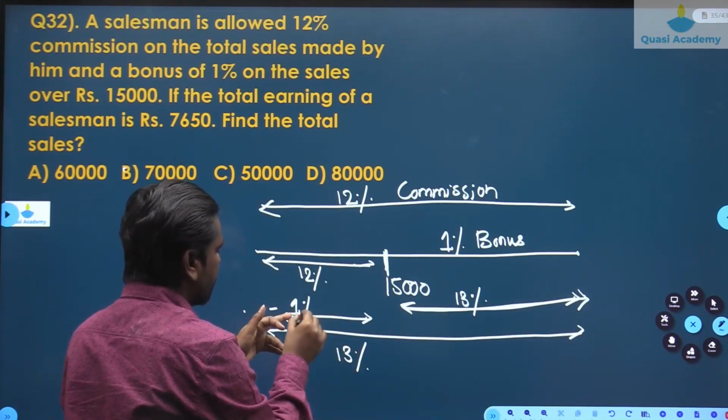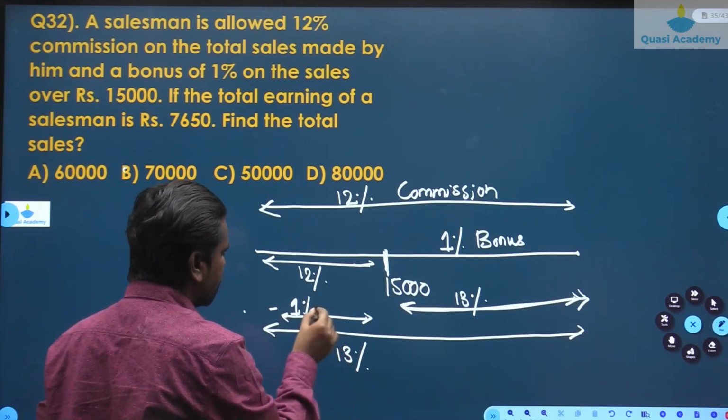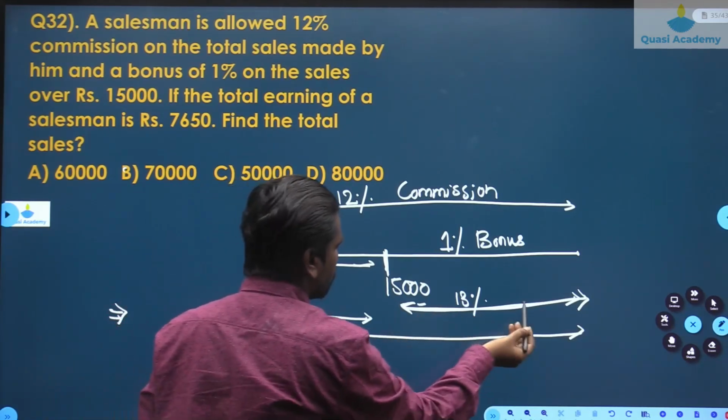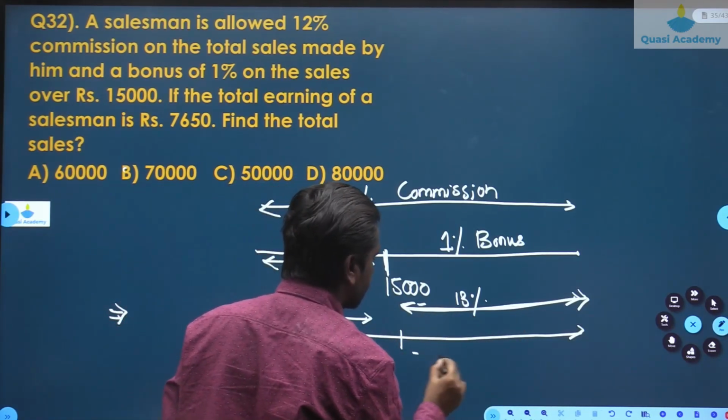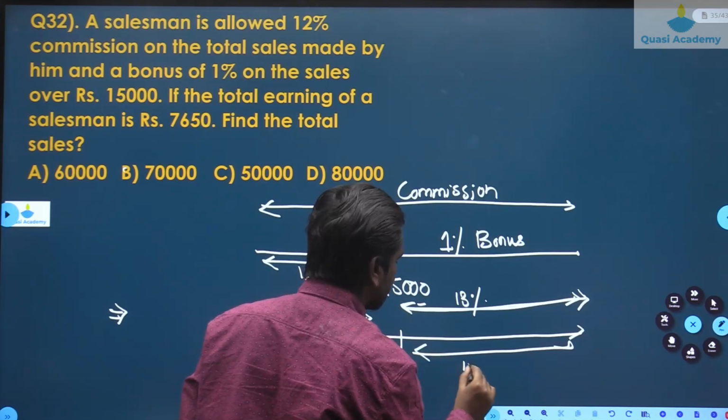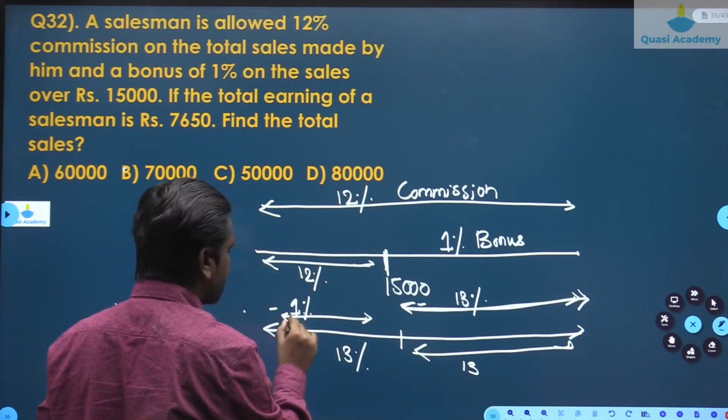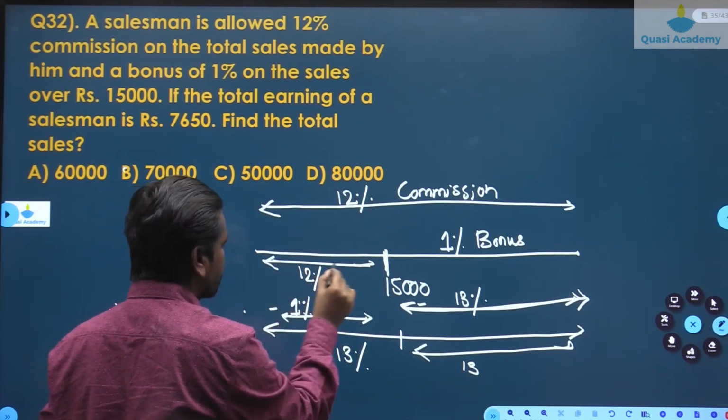If we subtract 1% from 13%, that is 12%, right? So 13% here and 13% here, but we are subtracting 1% so that we get 12% only.